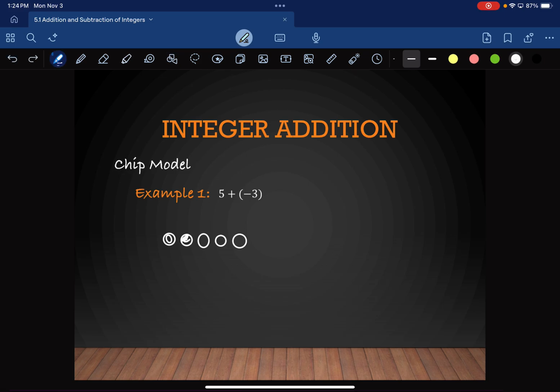So we've got 5 solid chips. Okay, I want to erase things now because of how I'm doing this. That's okay. We're going to work with it. Okay, so this is the positive numbers for 5. All right. And then it represents negative chips as hollow numbers, not filled in. So they look like this.